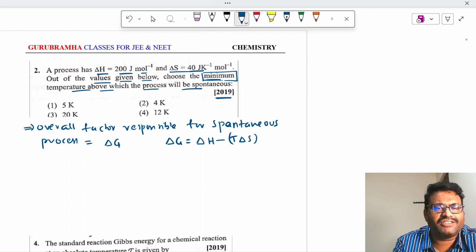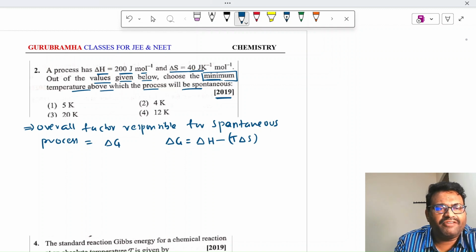What are those two factors? Delta H and delta S. Delta H is enthalpy change, delta S is entropy change. Both are responsible for the spontaneity of a process. Which involves these two factors? Delta G. So we say that delta G is the overall factor responsible for the process to be spontaneous.